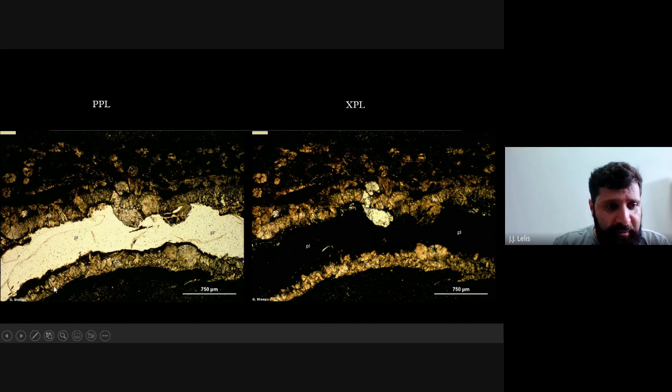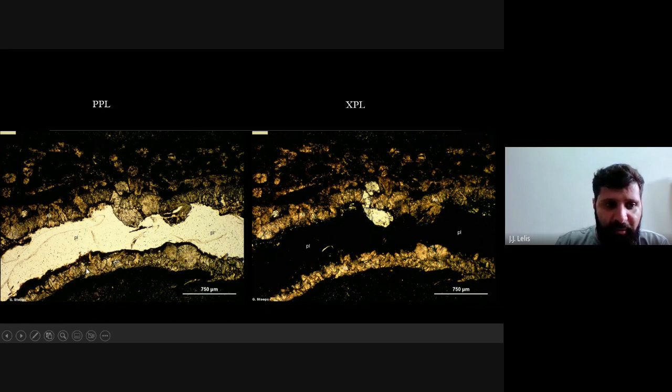We also can see some crystals of material here, some crystals of calcium carbonate, that tell us that we have a different age, a different phase of formation of coatings. This void has a coating of a dark, fine material that did not present an interference color, did not present a different color when we see this material in XPL. And we have another phase, an ancient or older phase of coating by calcium carbonate as crystals.